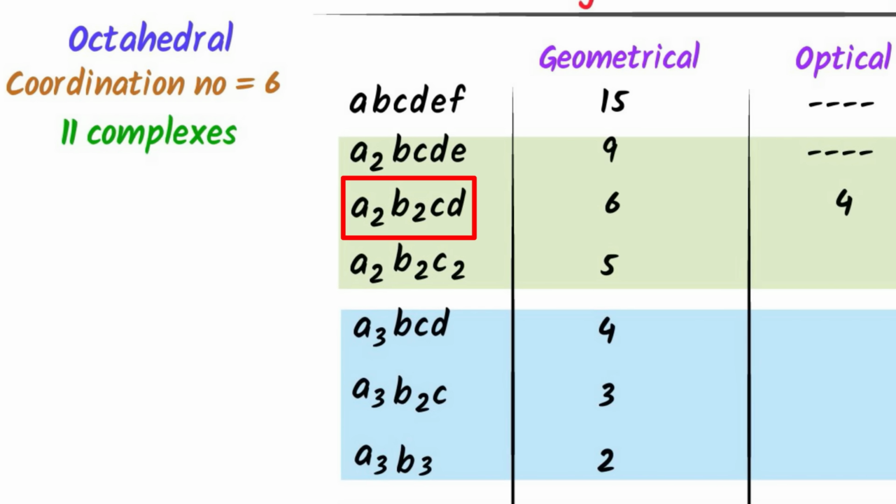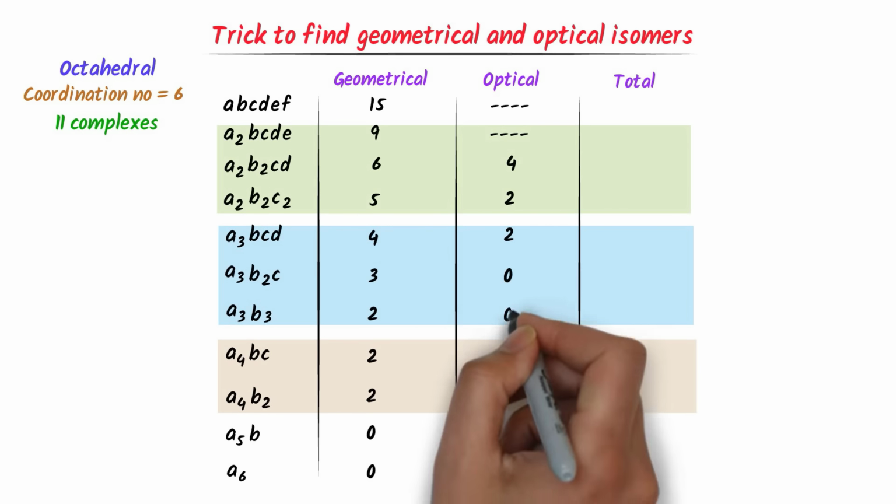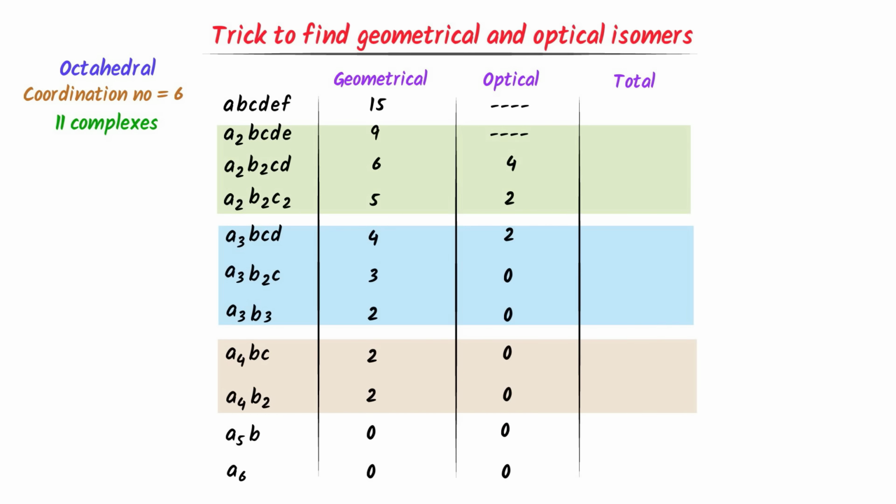Secondly, there are 2 times 2 digit present as a subscript. I write here 2, 2. The remaining complexes have no optical isomers. I write 0, 0, 0, 0, 0 and 0. These are the optical isomers of the octahedral complexes.